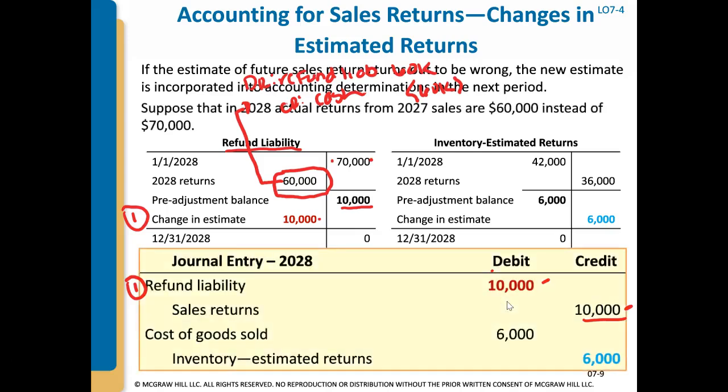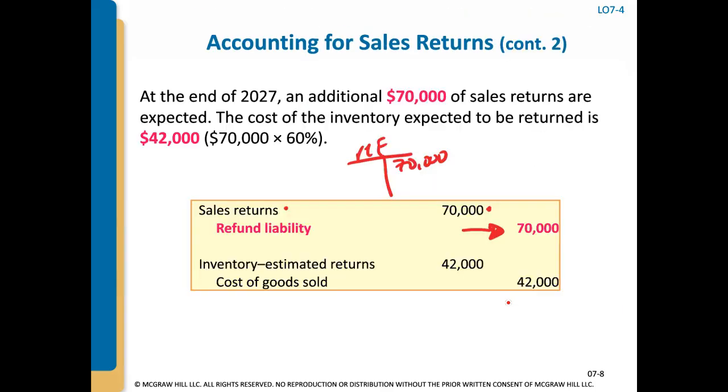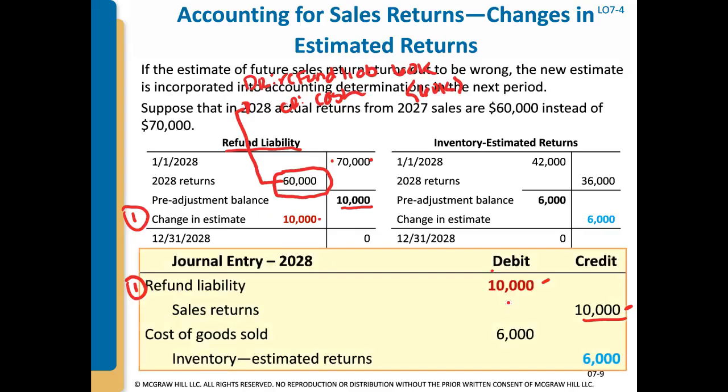The reason why we increase our sales return by $10,000 is, remember in 2027 we debited it by $70,000, but now it ended up being only $60,000, so we have to credit that sales return account right here by an additional $10,000. So that's step one, that's journal entry number one.